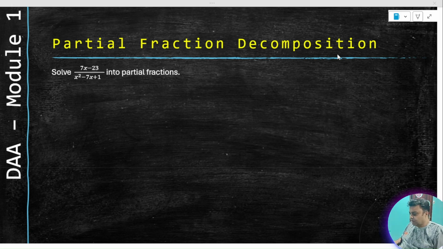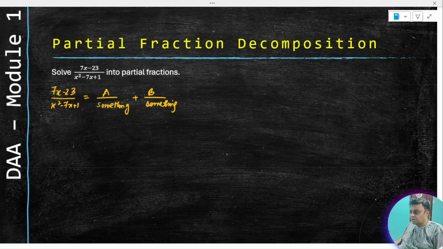Now, when I say partial fractions, what are partial fractions? What I mean to say is that this particular expression, 7x minus 23 over x square minus 7x plus 1, is actually writable in the format of a by something plus b by something, right? All of you need to understand that this is the format I need.